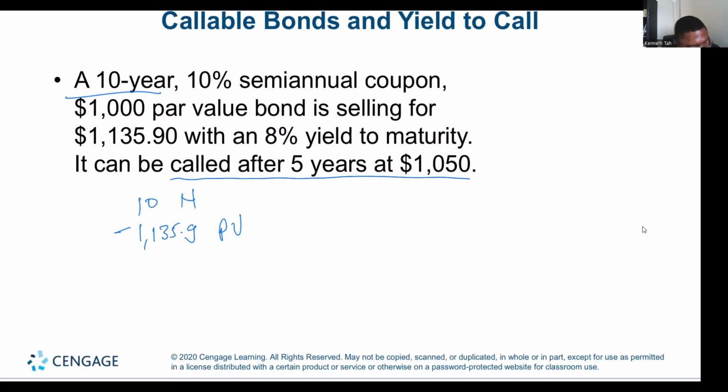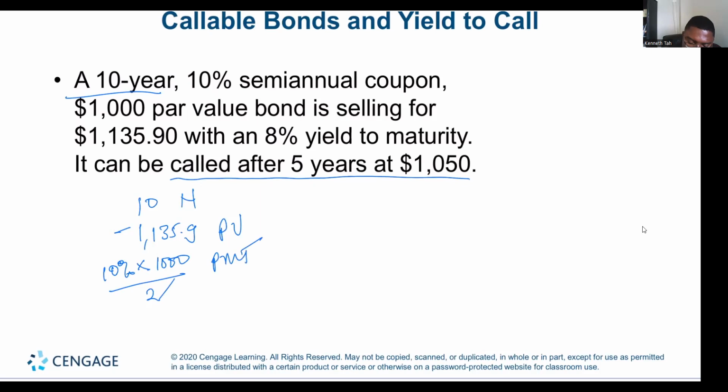And the payment is going to be, so it is a 10% coupon. So it is 10% of 1,000, but it is a semi-annual bond. So we divide it by 2 and we take that in as payment.